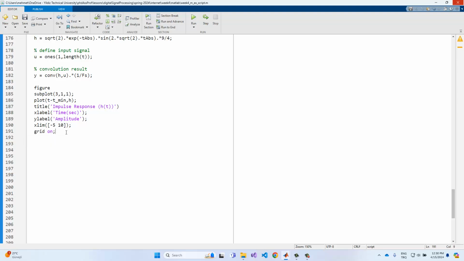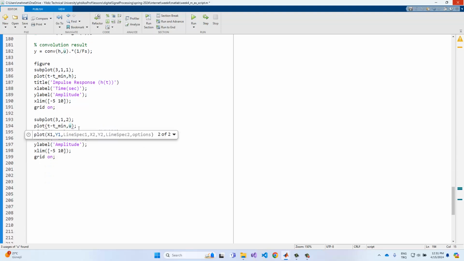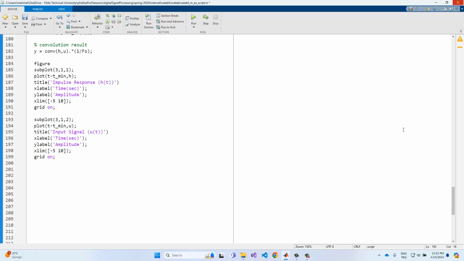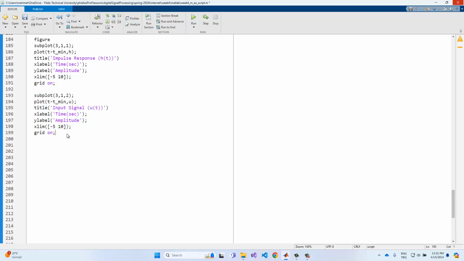Okay, in the second place we will write the 2 in here, t minus t min, u value is in here, and the input signal u(t). Okay, and after that we should draw the output signal, but this output signal should be written with t output and y, and this is also the output signal.